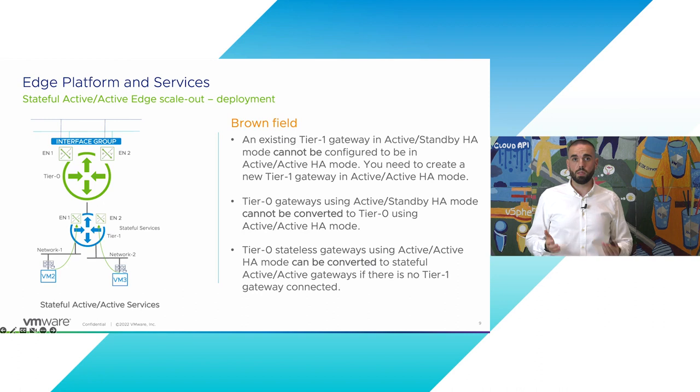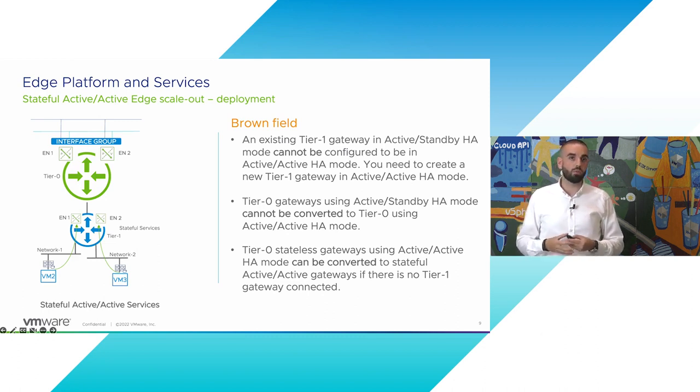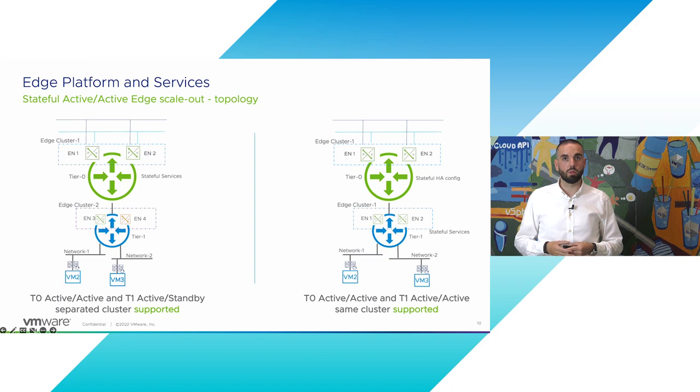One of the ways which we support is to convert directly from a topology having a tier 0 running as a stateless gateway, and not having anything connected to it, or not having any tier 1 connected to the tier 0 running in stateless active-active HA mode.